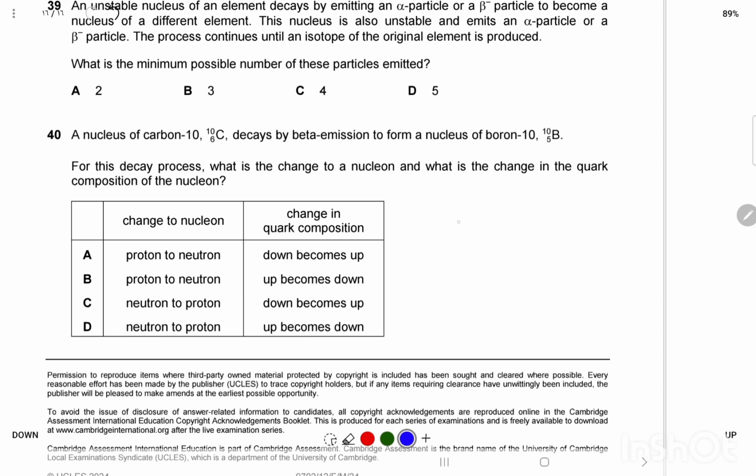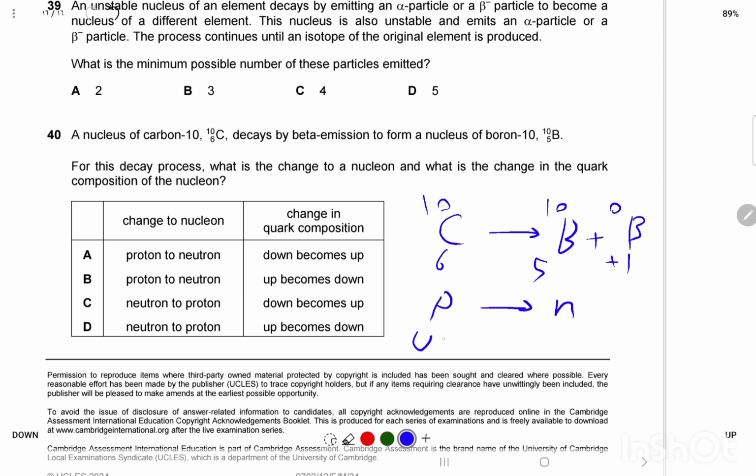So here carbon 10 6 has changed into boron 10 5, and this happens by the emission of a beta particle 0 plus 1 for the numbers to be balanced. This is positive beta emission. So here we can see that a proton has converted to a neutron, which means an up up down has converted into an up down down, and option B is the correct answer.